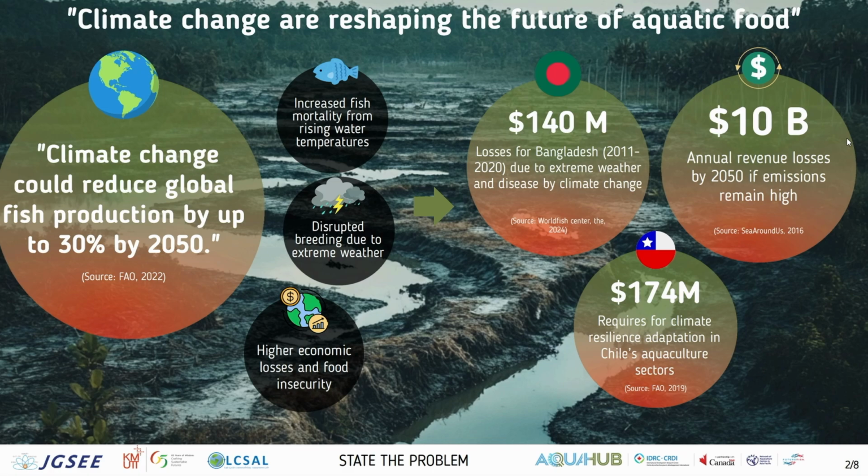They lost the benefit from aquaculture because they didn't have resilience to climate change impact. And lastly, there could be around 10 billion in annual revenue lost by 2050 if carbon emissions are still high. Okay, I'll go to the next one.